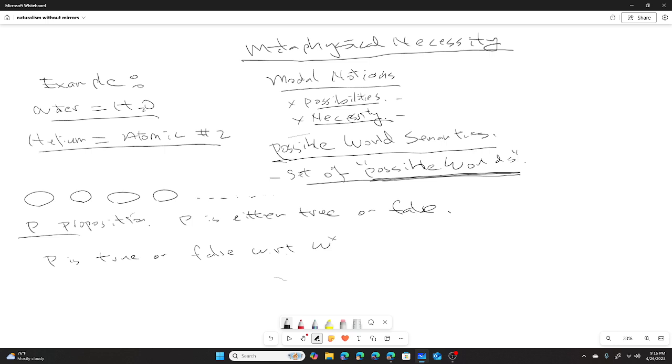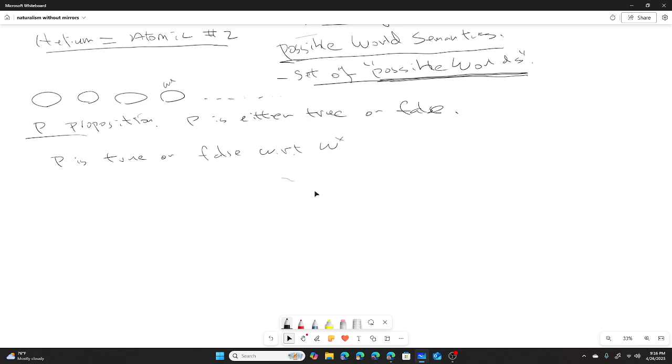Let's consider this world W star. So a proposition is either true or false based on what world we are talking about. Now that we know a little bit about this, we're going to define what possibility is.